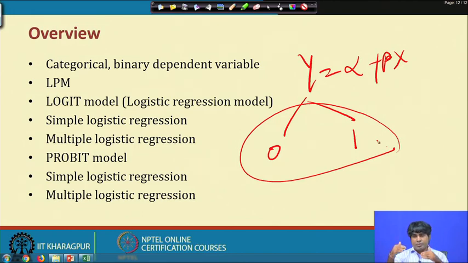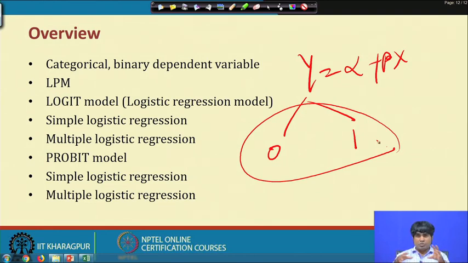If your problem involves 0 and 1 only, like yes and no, where yes equals 1 and no equals 0, then by default the information behind y will be only 0 and 1, but it will not be in between 0 and 1. If in case the information is in between 0 and 1, then we can use the logit model and the probit model.